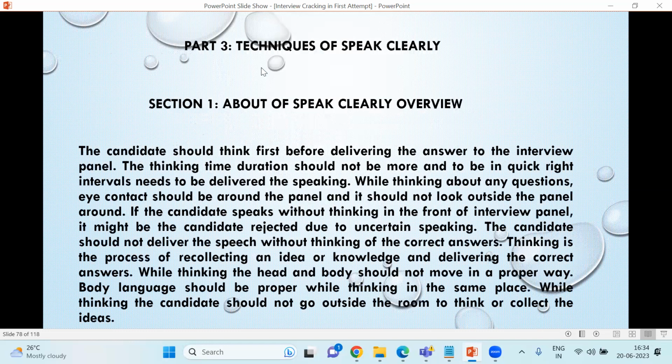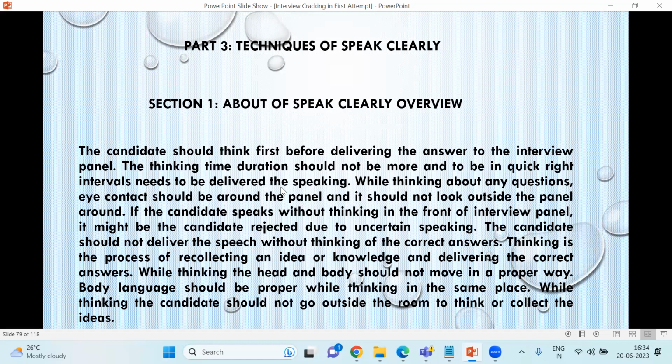Part 3, Techniques of Speak Clearly, Section 1, an overview of speak clearly. The candidate should think first before delivering the answer to the interview panel. The thinking time should not be too long, and the speaking should be delivered at quick, right intervals.